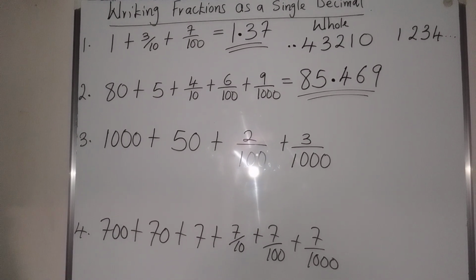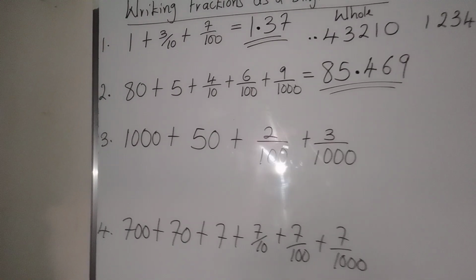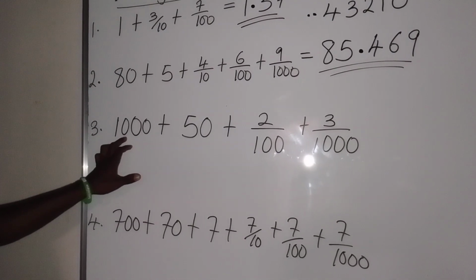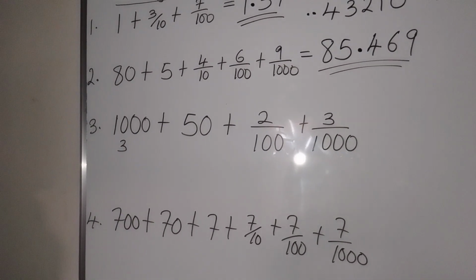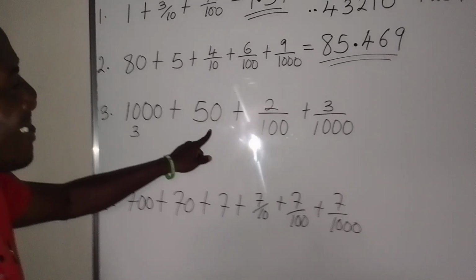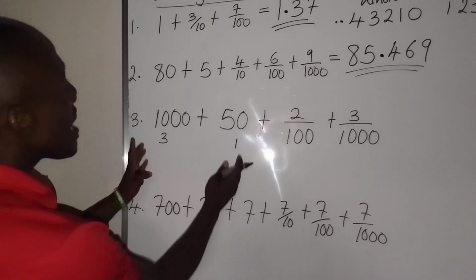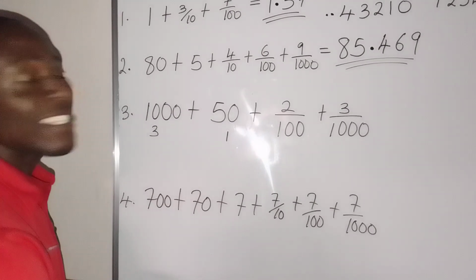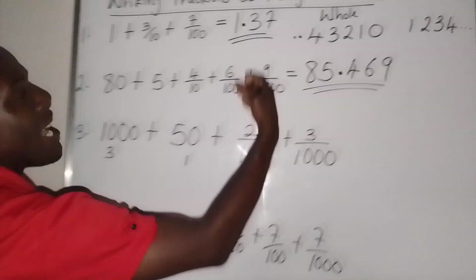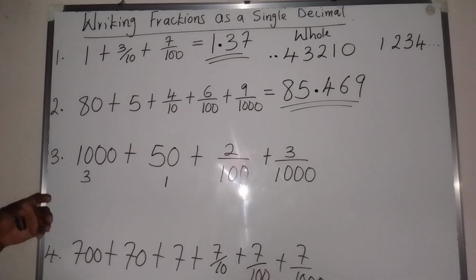Now number 3 is quite interesting. Okay, let's take a look at it properly. We have a number with 3 zeros, followed by a number with 1 zero. Looking at the whole number part, the number is supposed to reduce, that is decrease, starting from any number, but it must decrease with one interval.